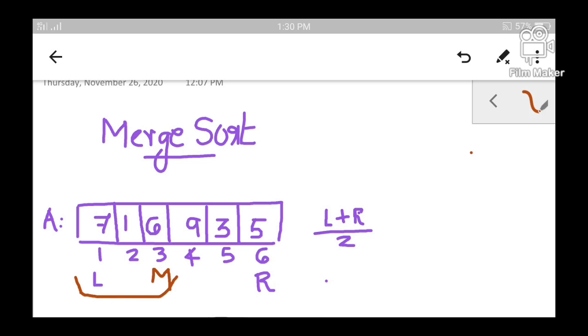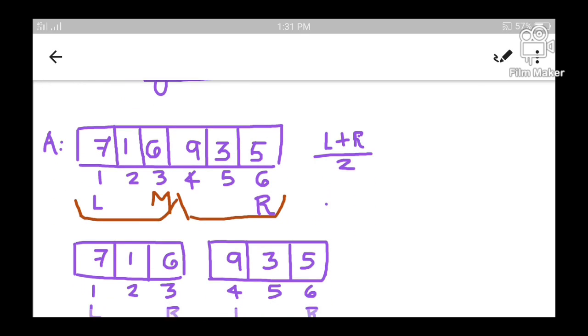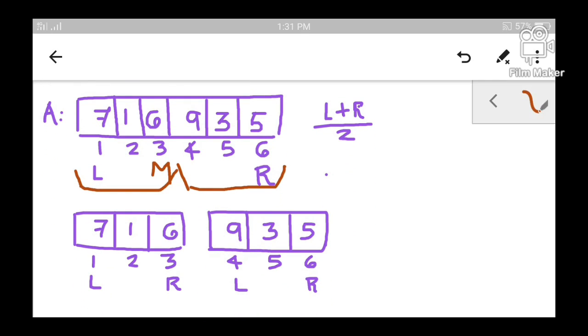If elements up to the mid position are moved to the left array, then the elements starting from the position mid + 1 up to the right end of the array should be moved to the right array. Okay, so let us do that.